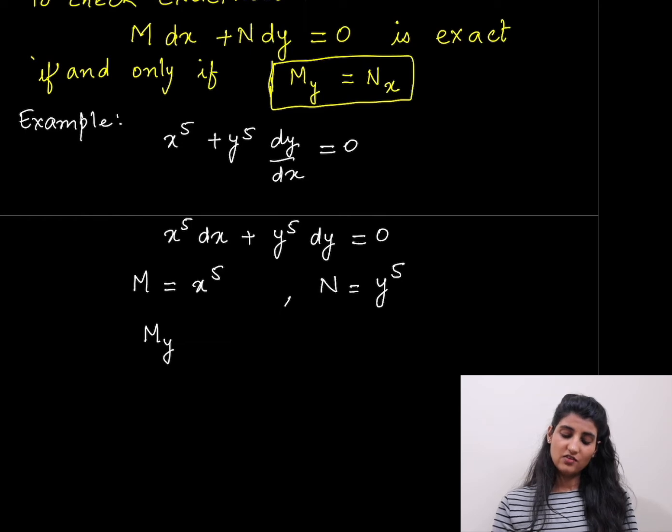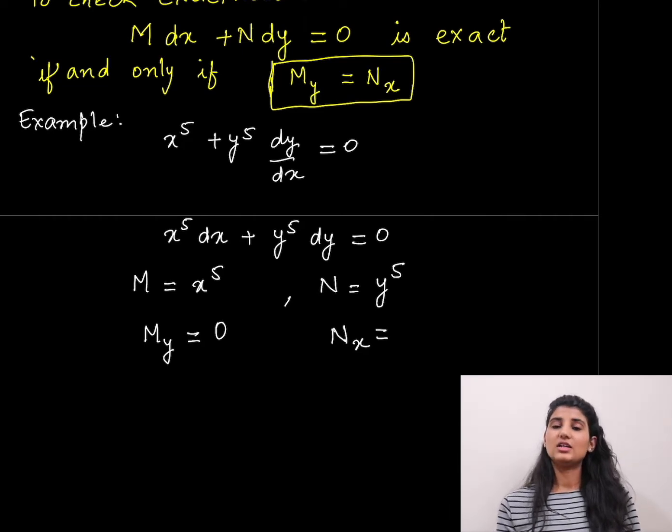The derivative of M with respect to y: M doesn't have any y term, so the derivative with respect to y is 0. The derivative of N with respect to x: now when you are taking the derivative with respect to x, we treat y as constant and the derivative of a constant is 0.